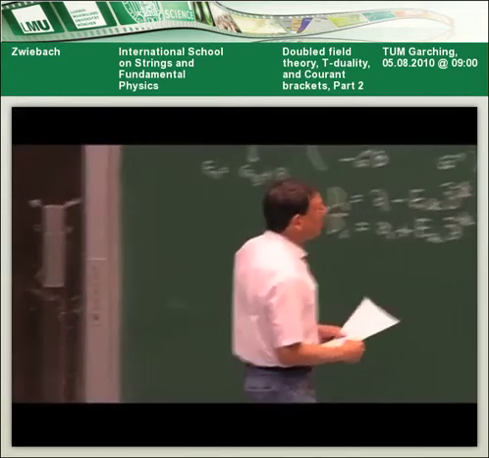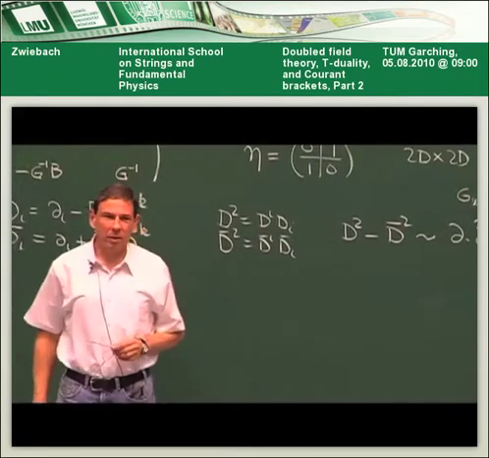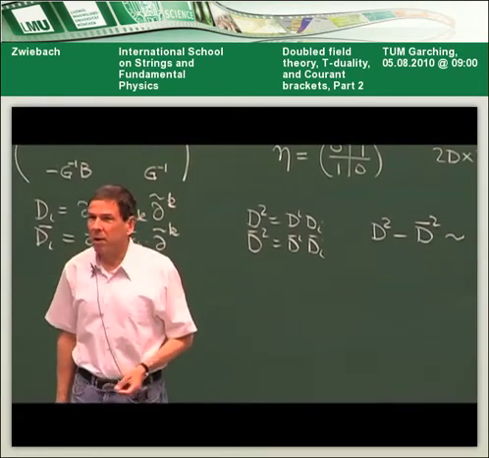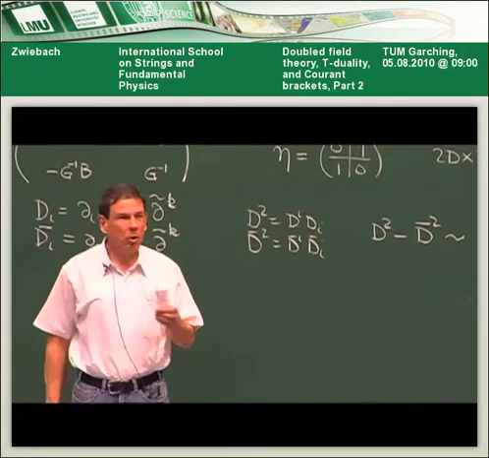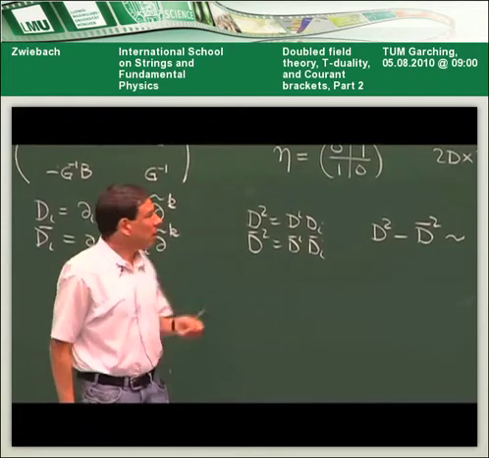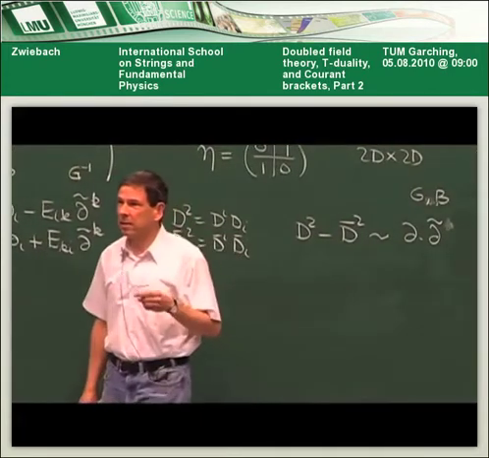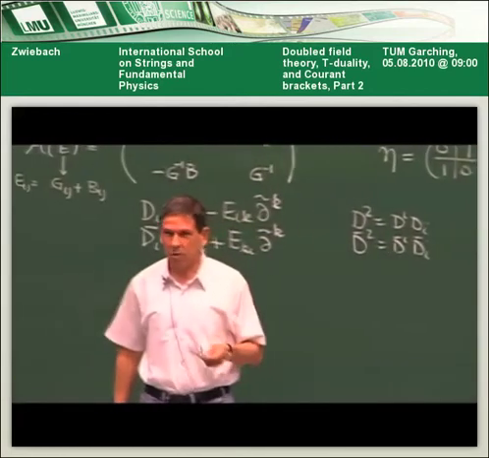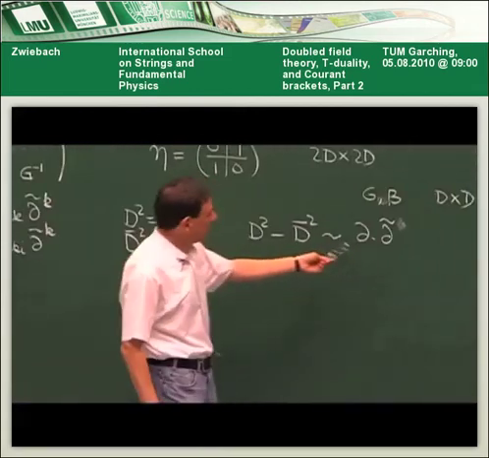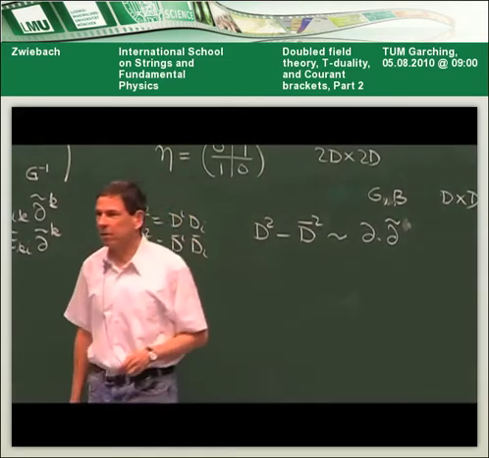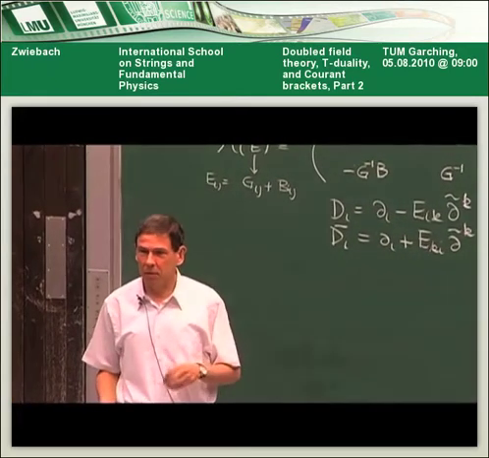And we learned that in fact this combination was related to L0 minus L0 bar. In fact, the operator L0 minus L0 bar, when you look at massless states, reduced to essentially this. And since that operator must kill all states of a closed string theory, we expected that this differential operator will kill all fields of the double field theory. So this is something that comes from the string theory.